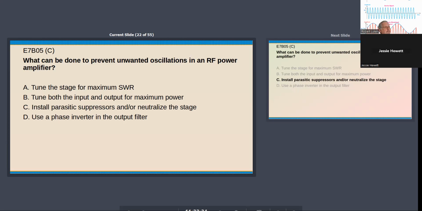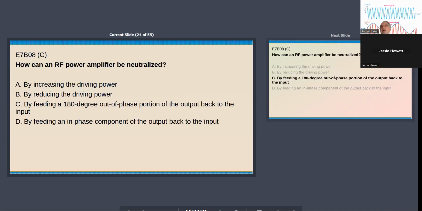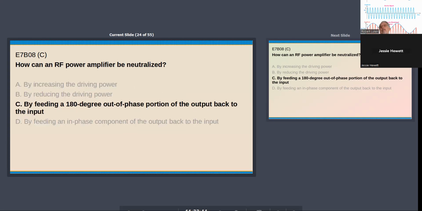You're canceling them out. So how can it be neutralized? 180 degrees out of phase.